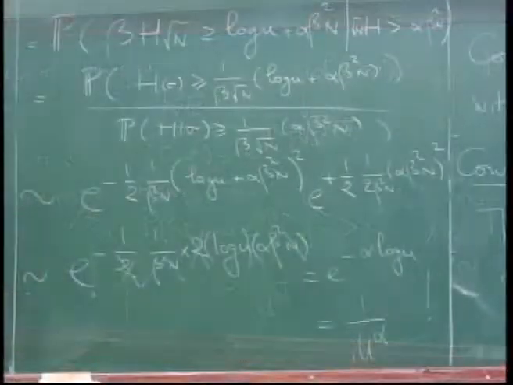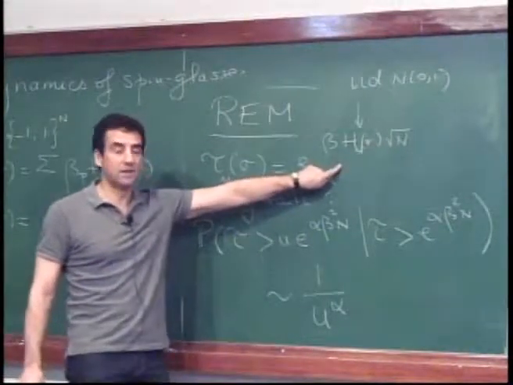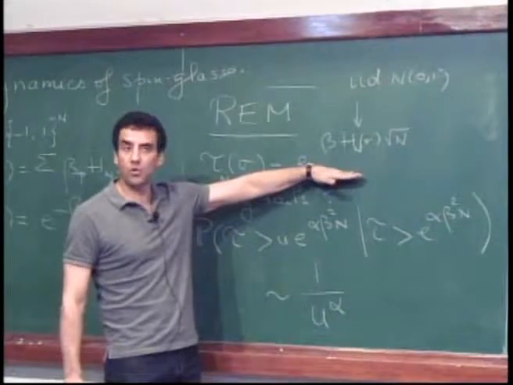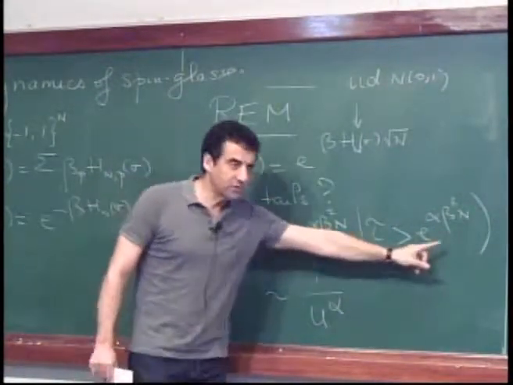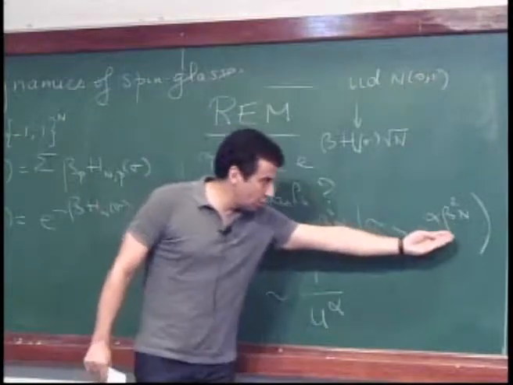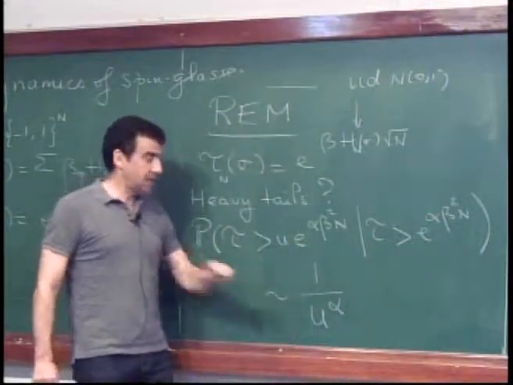That's the basic computation. So again, this says the following. When you have random variables that are Gaussian, exponential of Gaussian are not heavy tails. So my taus are not heavy. This is not heavy tail. If this is a Gaussian, this has moments of all orders. But if you restrict yourself to the taus that are larger than this, what you see is like a heavy tail.